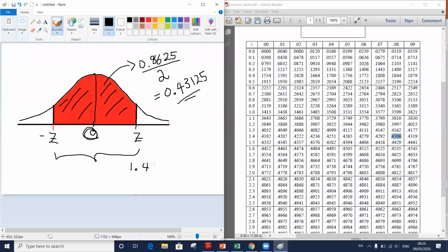Here it is minus 1.48. Minus 1.48. This is the answer for part 3.